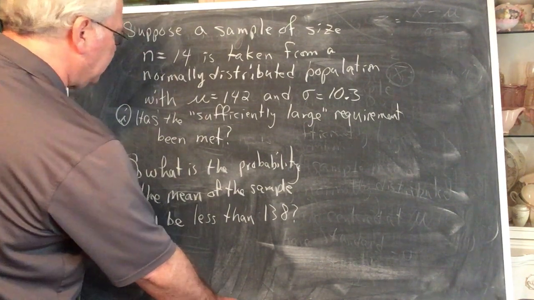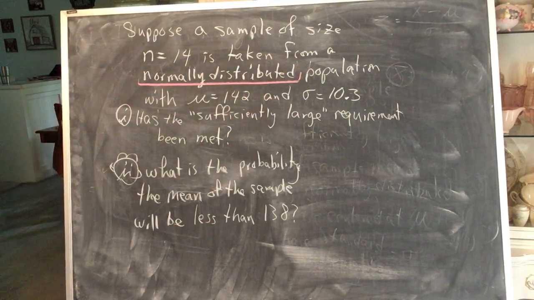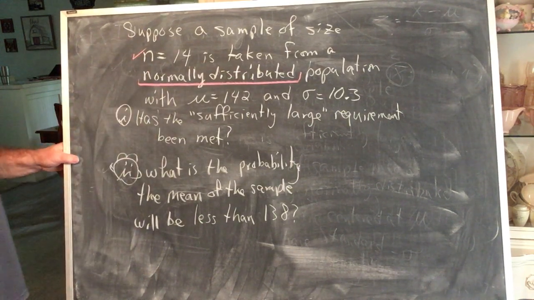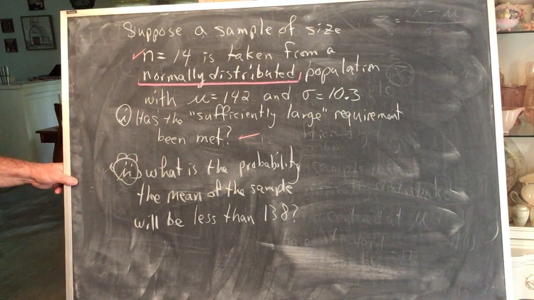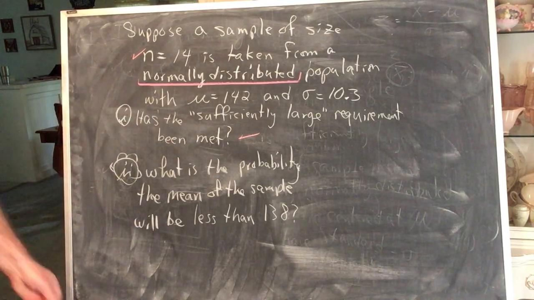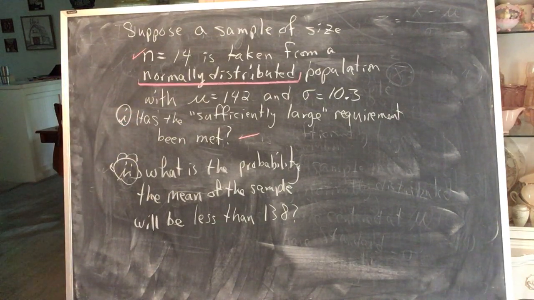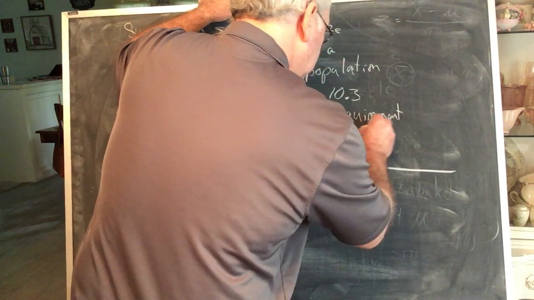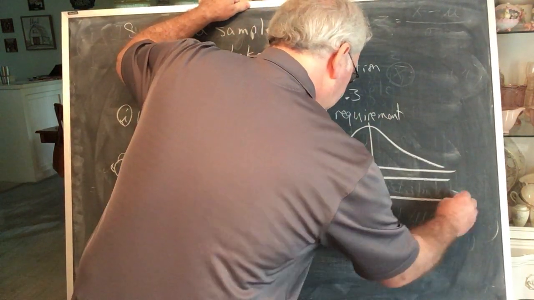Because we are given the population is normally distributed, that guarantees that n equal 14 has met the sufficiently large requirement. And only if we have met the sufficiently large requirement do we get to use the normal curve techniques that we've been discussing.